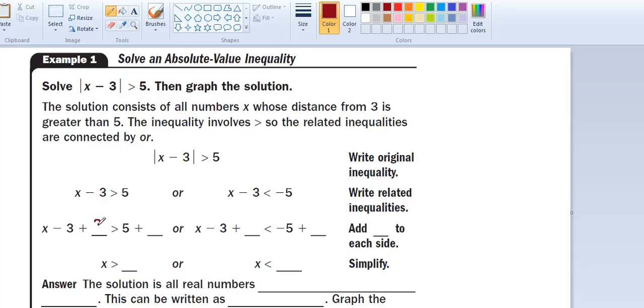So we're going to add 3 to each side, and we should have x is greater than 8. And then over here, we're adding 3 to each side, and x is less than -2.